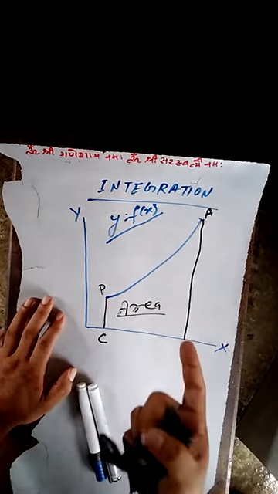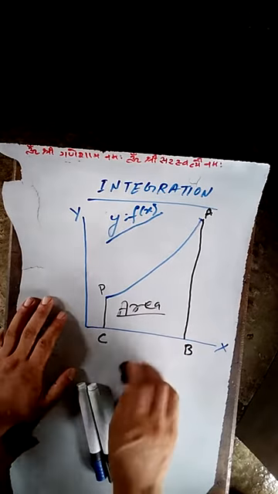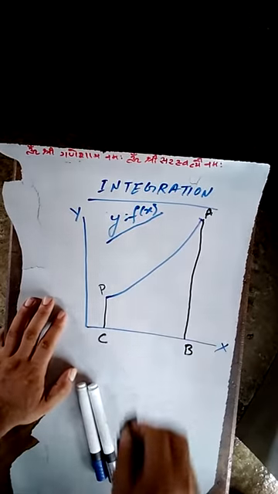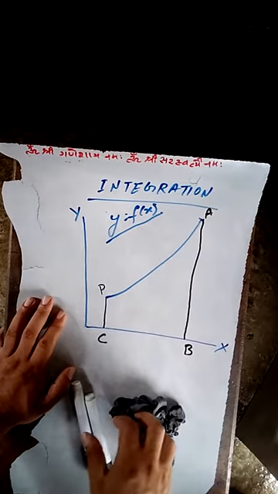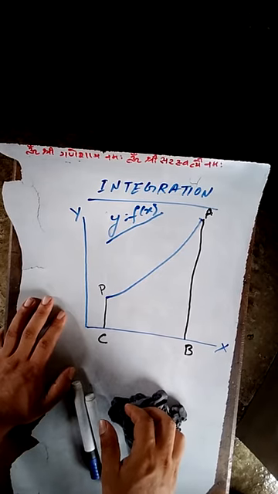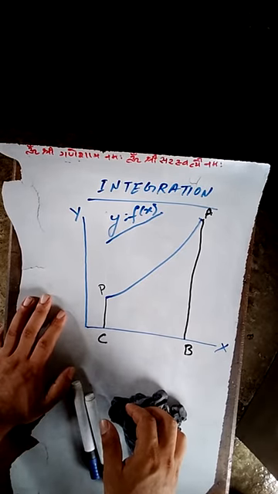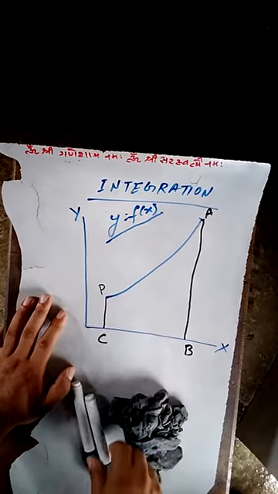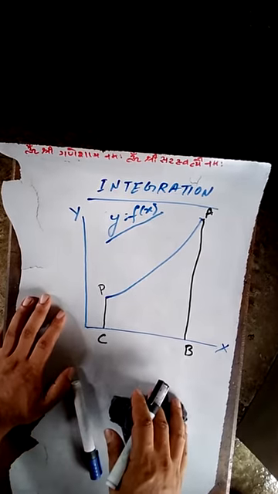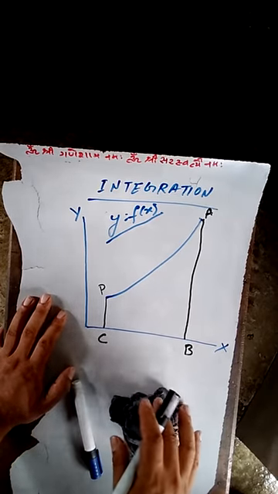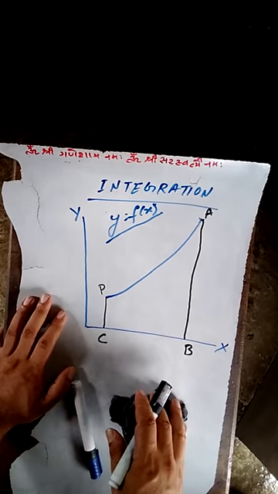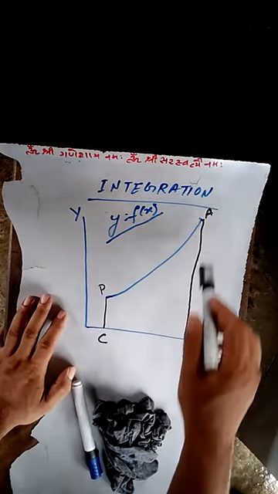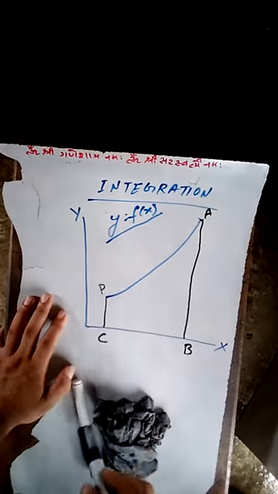If it had been one of those, we could have found the area as per our study up to matriculation, but it's not a defined area. So to find the area, we have to take the help of integration, and we will see how we can find the area under the curve PABC.